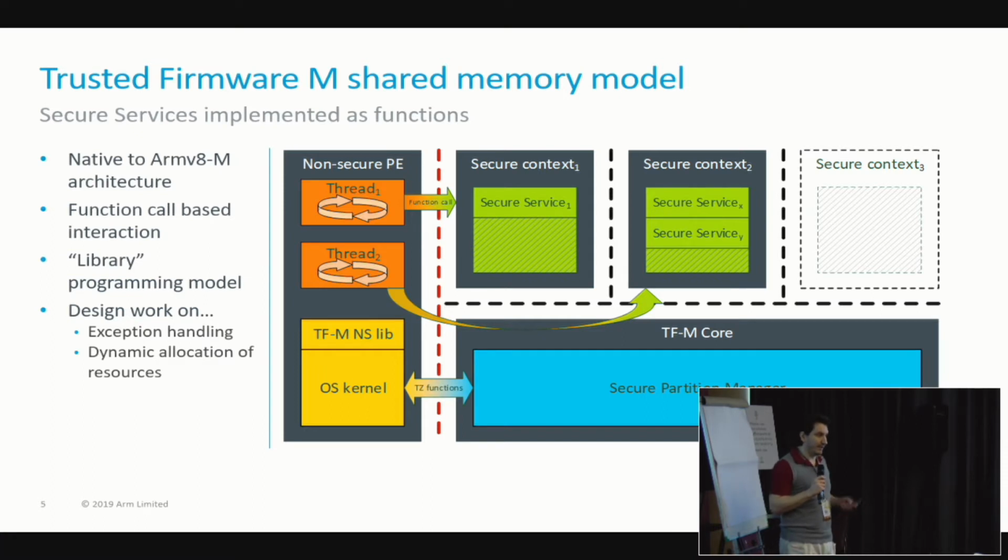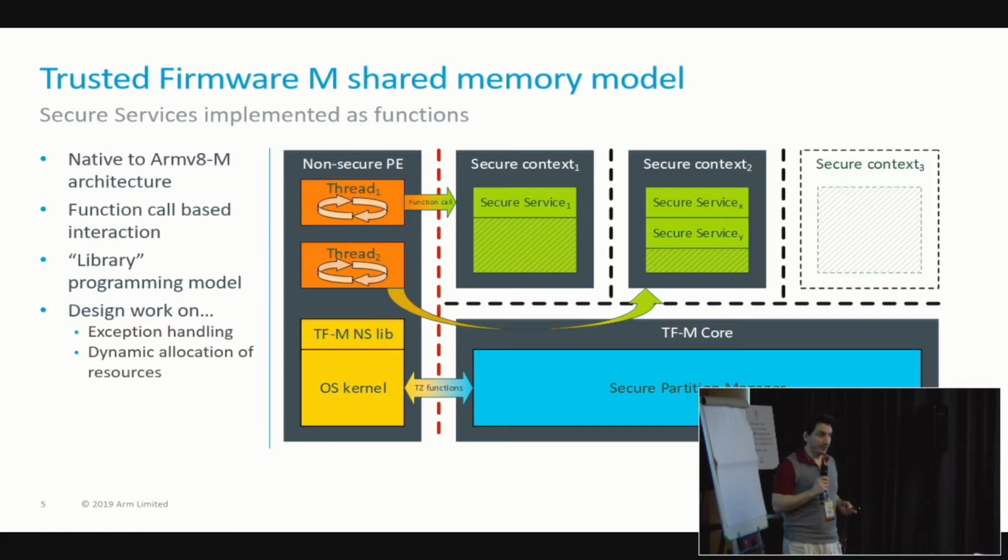In this case, the interaction between security domains is based on function calls, and this creates a sort of library-like programming model on the secure side. So secure services are provided as libraries that can be called as functions from the non-secure side. Design work currently is focusing on various exception handling scenarios. I will talk about those in more detail later.